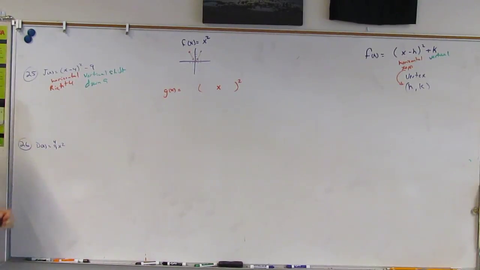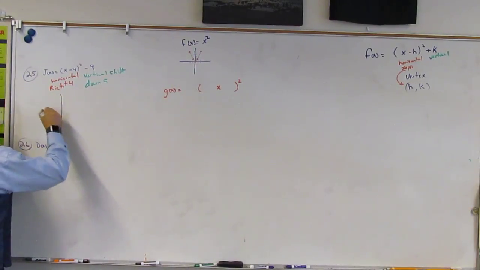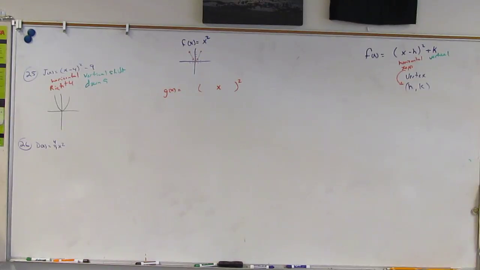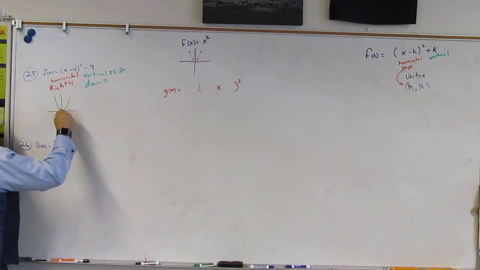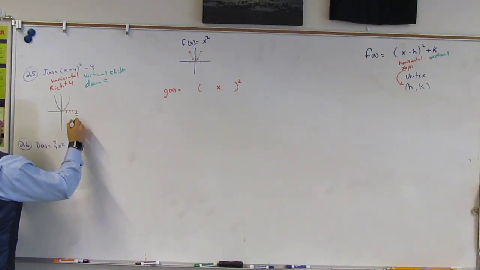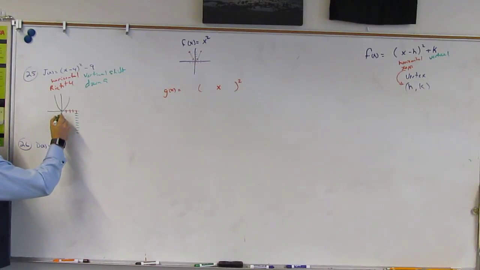So right 4. If we're going to graph that, we know that the original function is this. So we graph the original function and we move it right 4, 1, 2, 3, 4, and down 9, 1, 2, 3, 4, 5, 6, 7, 8, 9, which would totally mirror these.